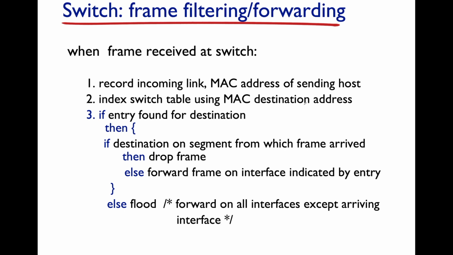So what it does is the following. You record the incoming link and the MAC address of the sending host, because that MAC address can be reached along that link. Then you index into, or search, your switch table trying to find the destination MAC address. If you find an entry, you go ahead and forward down that interface. Otherwise, you perform flooding.